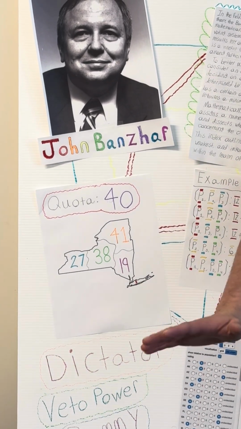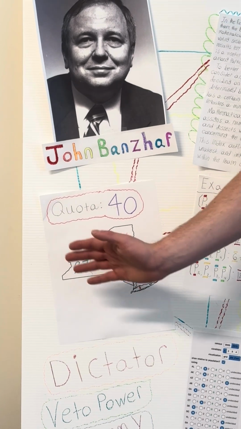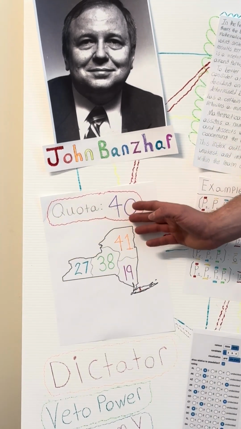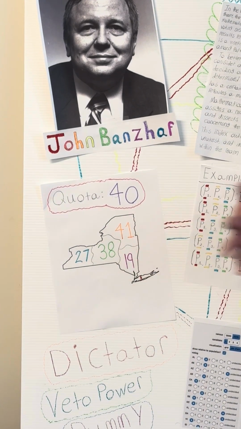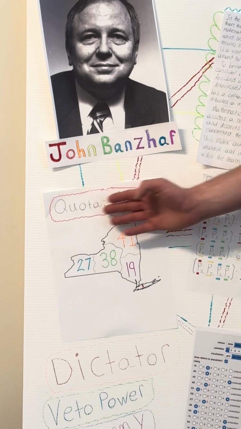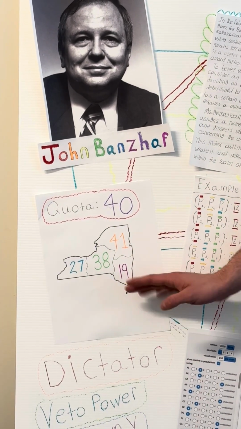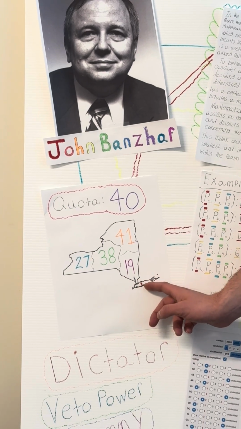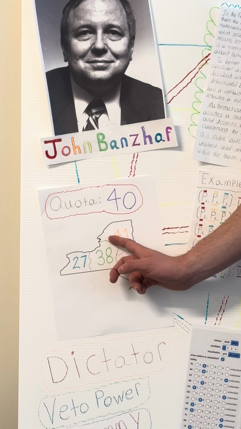It is way more than that, but for simplicity's sake, if we're voting on someone and the quota has to be 40 in order for your district to be important or for your coalition to be important, which we'll talk about coalitions in a second, if the quota is 40 and all of these are divided into 5 districts, obviously this district little 3 down here is going to be far less important than this district that has 41.